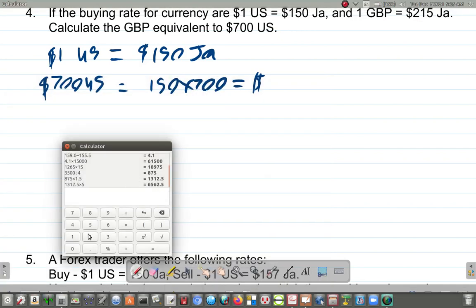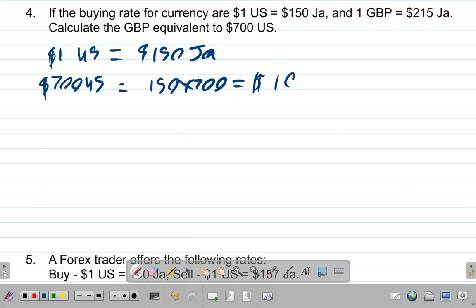So you have 150 times 700 equals 105,000 Jamaican dollars. Alright.